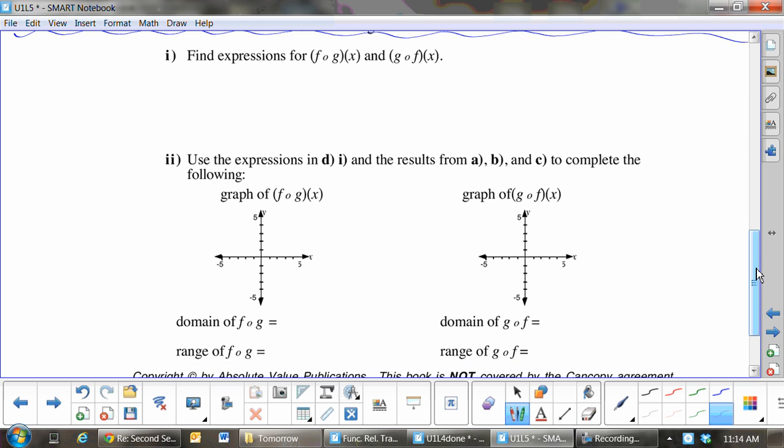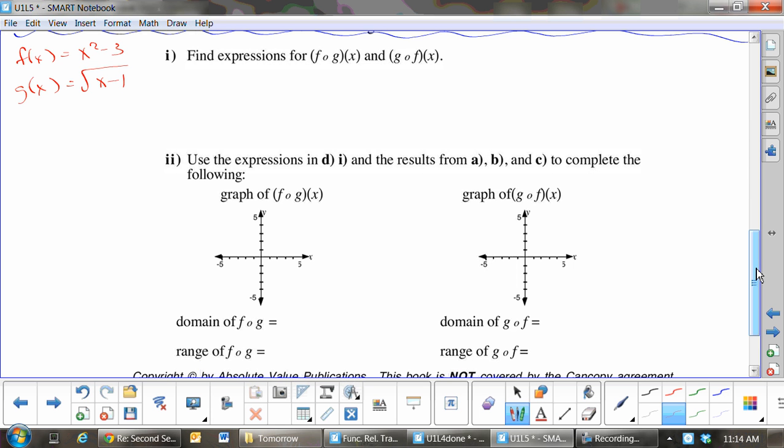Now, I just want you to write down these two expressions because we need them for this question. I want f of x to equal x squared minus 3, and g of x to equal square root of x minus 1.